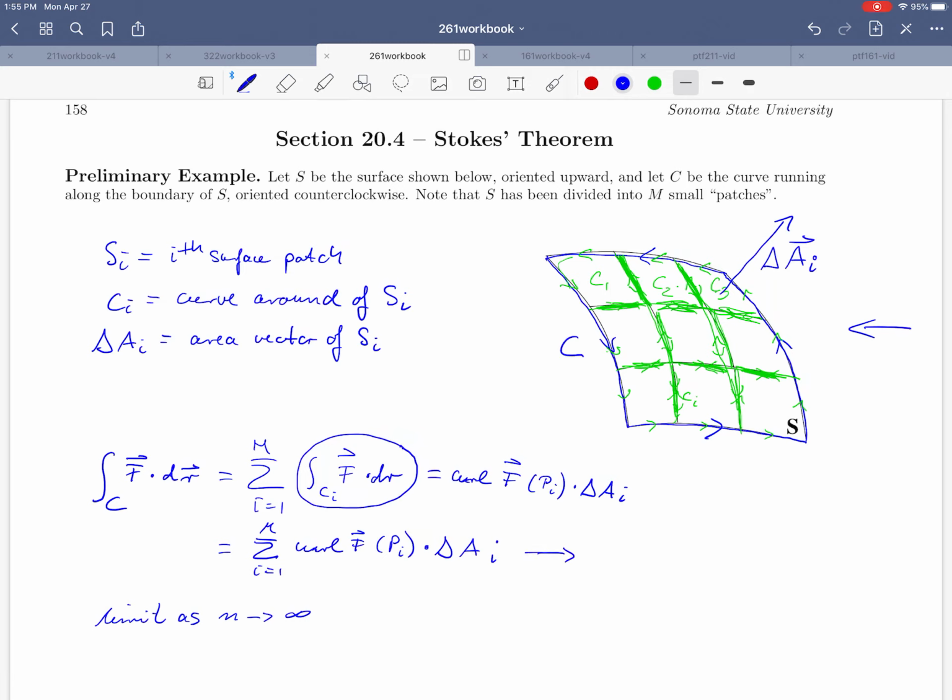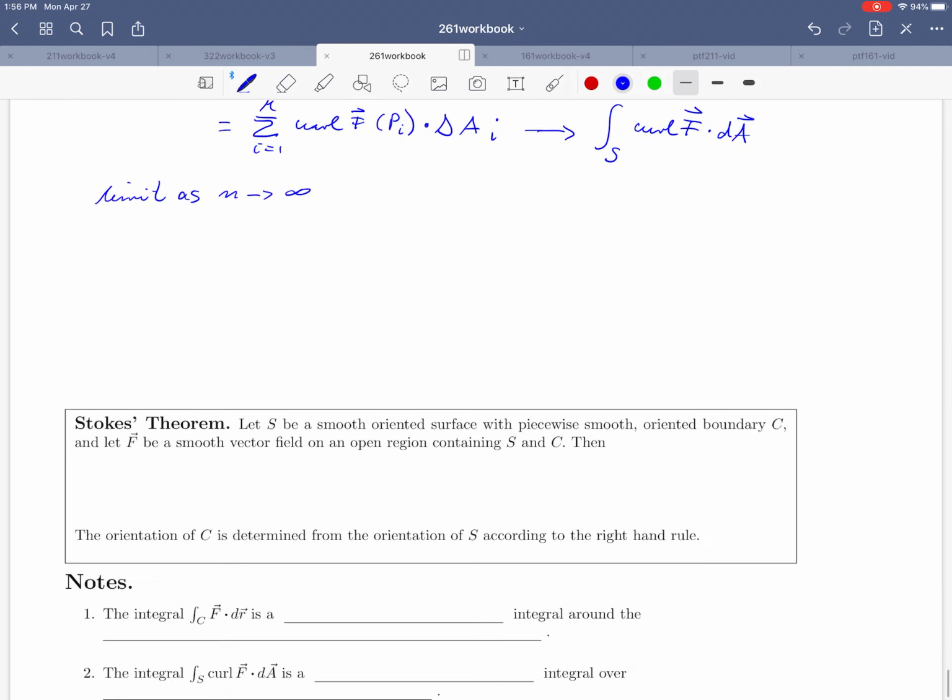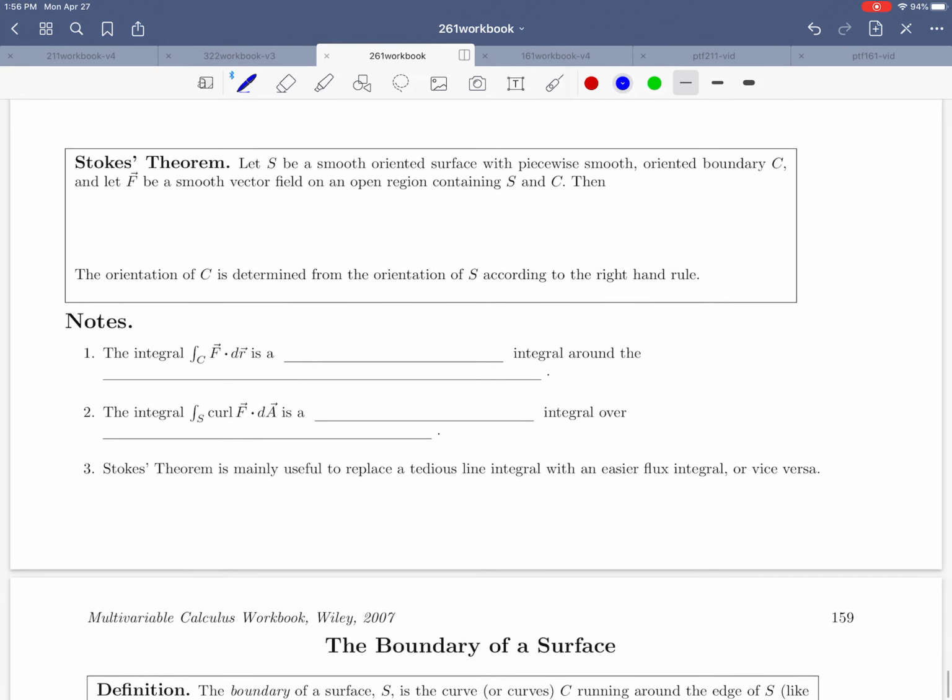So that becomes the flux integral over S of the curl of F dotted with dA. And that is the statement of Stokes theorem. So let's write down Stokes theorem.